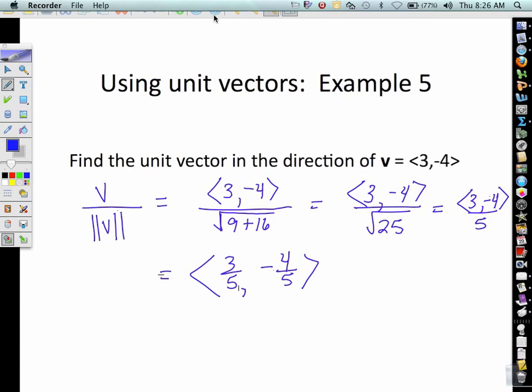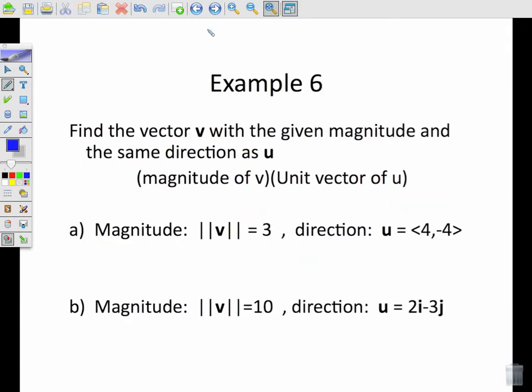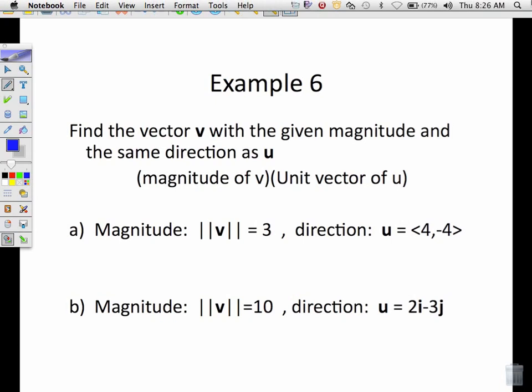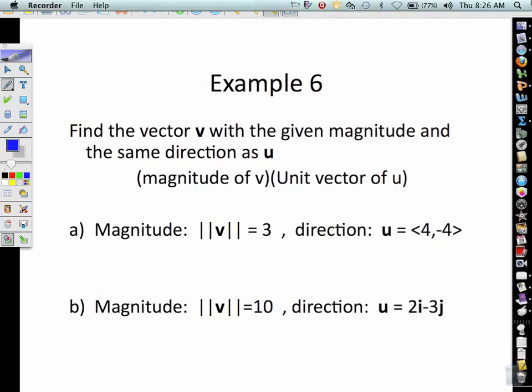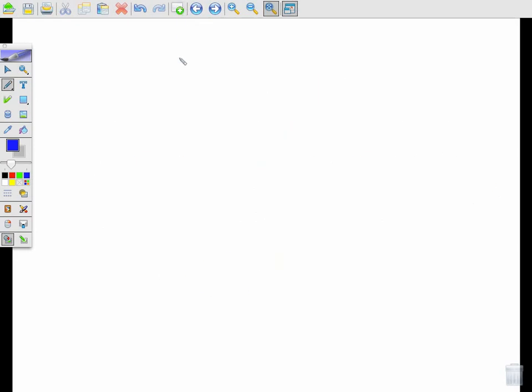All right, we are going to try another one of these unit vectors. This is example 5B, and the vector is i minus 2j.